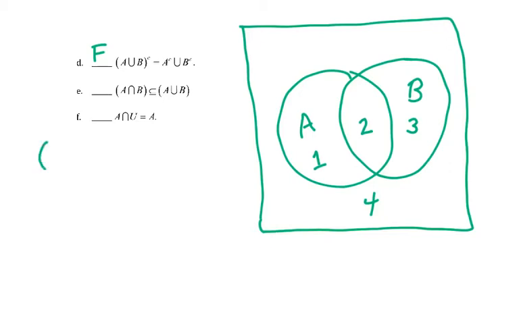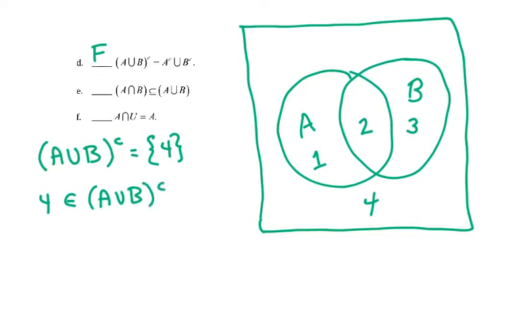Now, A union B complement is the set that contains the number 4. Do you agree? So 4 is an element of A union B complement.